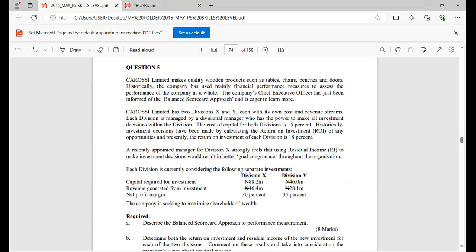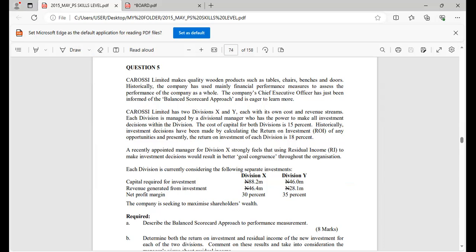Carosis Limited makes quality wooden products such as tables, chairs, benches, and doors. Historically, the company has used mainly financial performance measures to assess the performance of the company as a whole. The company's chief executive officer has been informed of the balanced scorecard approach and is eager to learn more. Carosis Limited has two divisions, X and Y, each with its own cost and revenue streams.